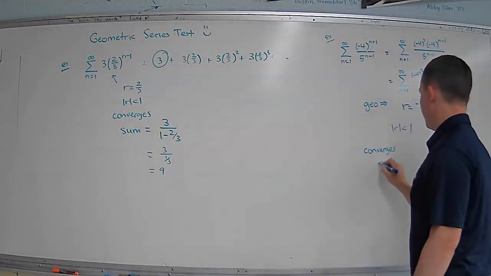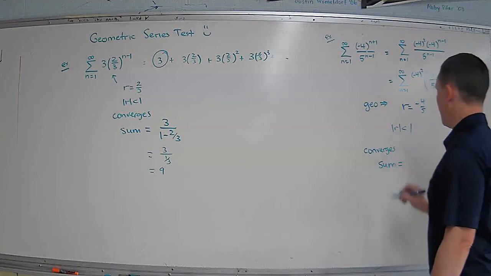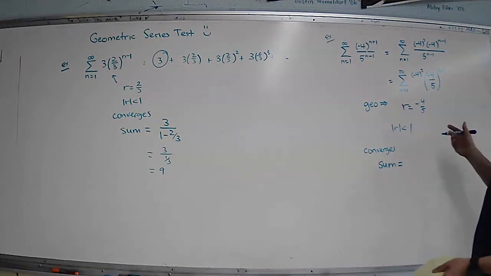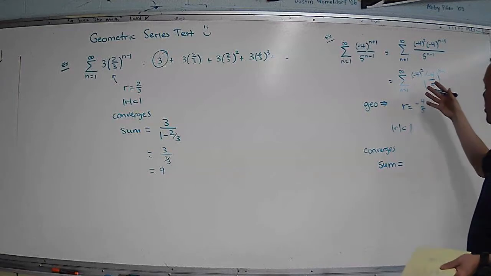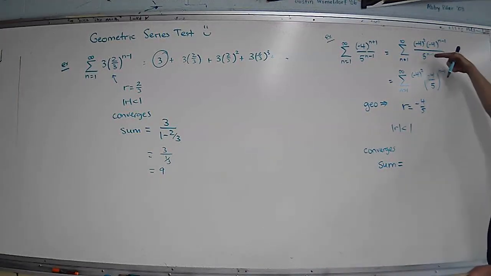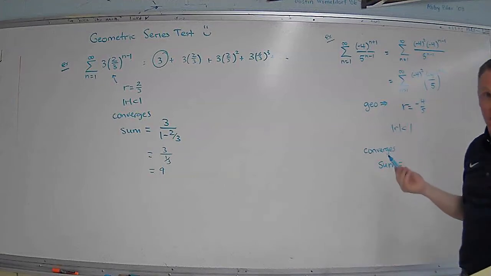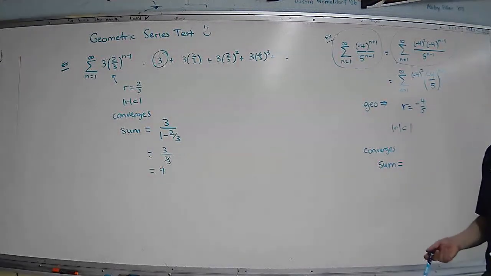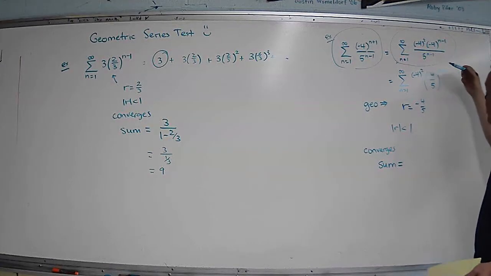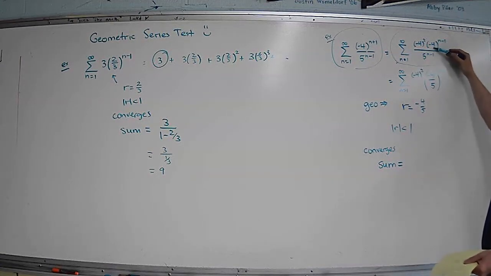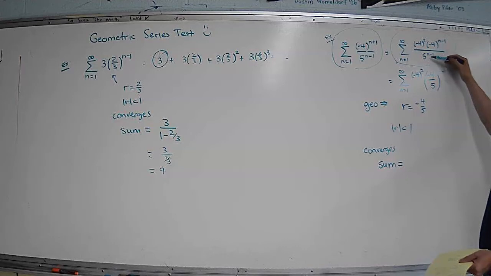After we unmasked it, we figured out, oh, this converges. What's the sum of that thing? Well, it's the first term over 1 minus r. So the first term we've got to compute. You can compute it from the way you rewrote it, or from the way it was originally written. It doesn't matter. If I plug in n equals 1, I get (-4) to the 2 over 5 to the 0, so that's negative 4 squared.